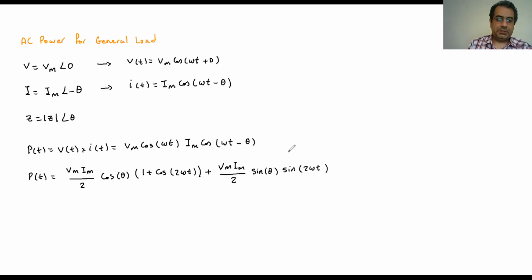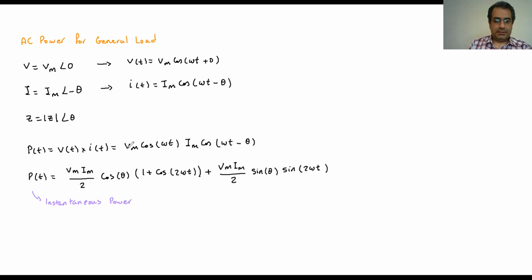This is the general time-dependent instantaneous power equation.